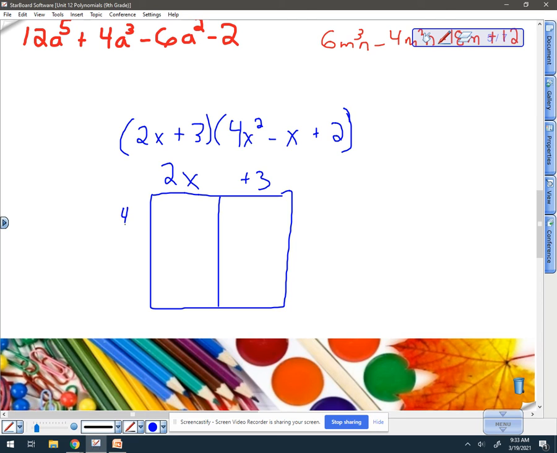So we've got a 4x squared, and then line across. Then we have a minus x, line across. And then we have a plus 2 at the bottom. So this one, our box method's getting bigger. So the more terms you have, the more boxes you're going to have. You just make it fit and you still do the same thing.